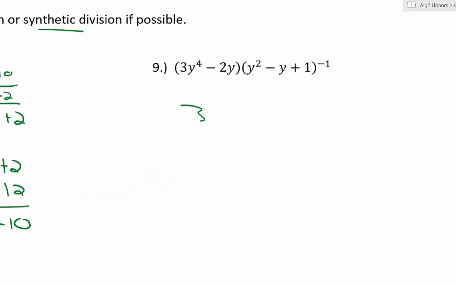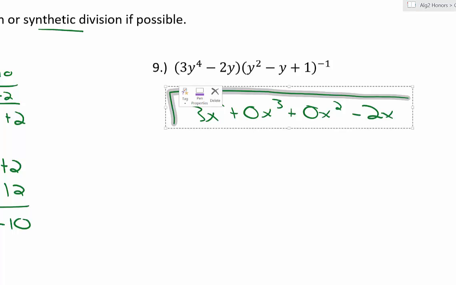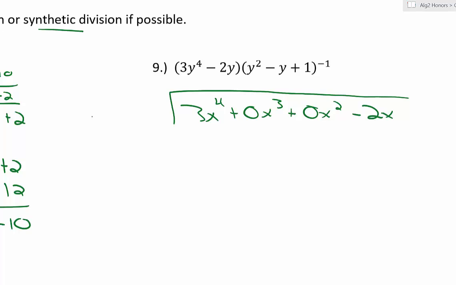Alright, 3. I'm going to change all this to x's. X to the fourth plus 0x to the third plus 0x squared plus minus 2x. Remember, if anything is missing, we need to hold its place. So we'll use x squared minus x plus 1. Right?